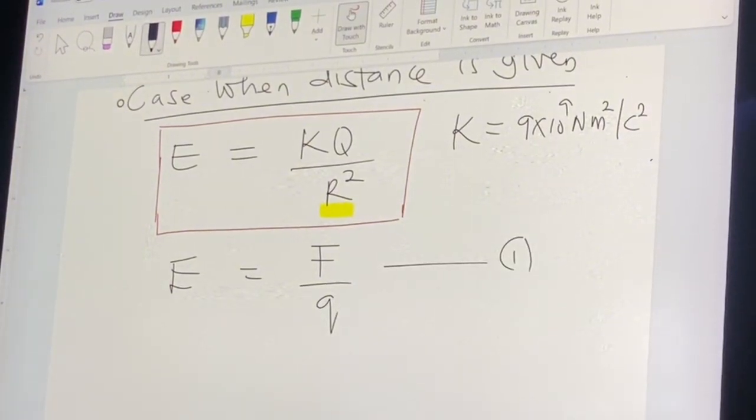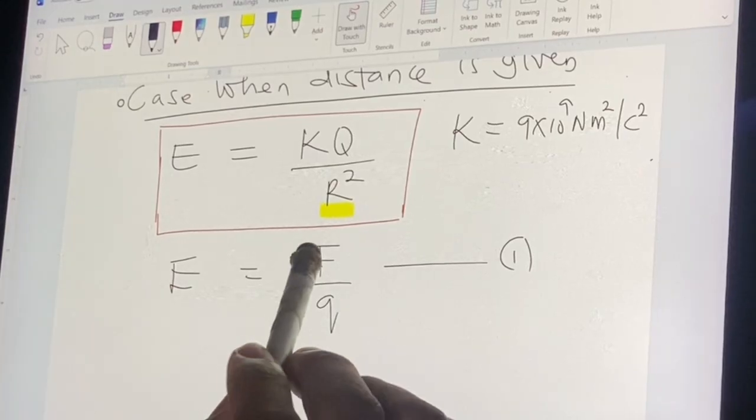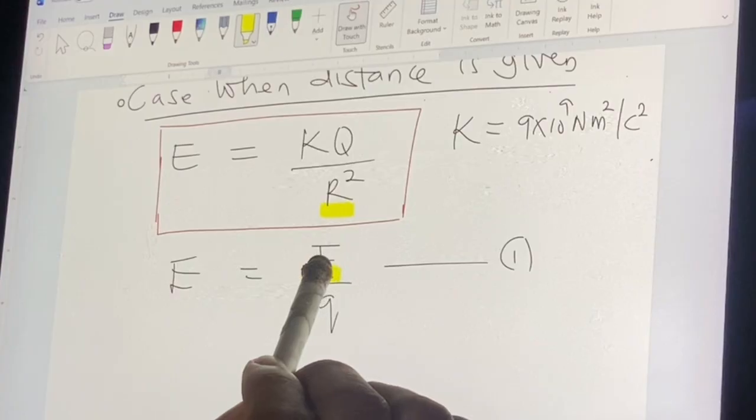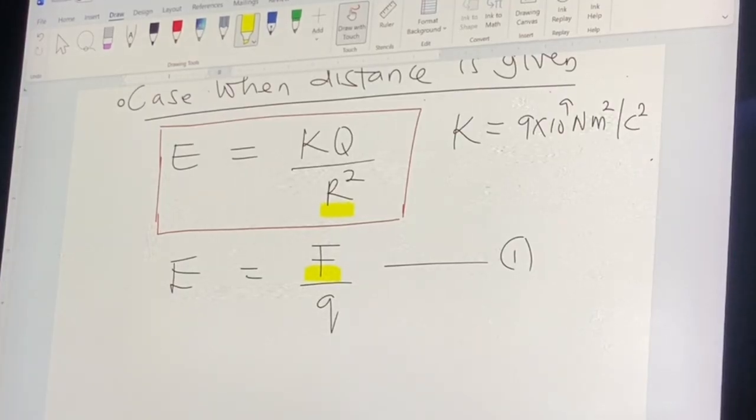Relating the force with distance, the only parameter that can be related to distance is this force here. We all know that this force is electric force, sorry, we can either call it electric force or electrostatic force.